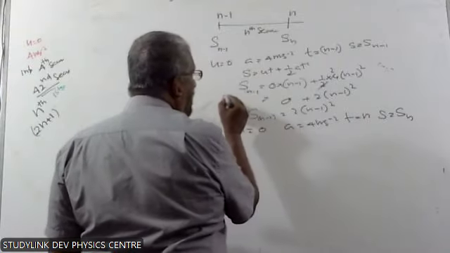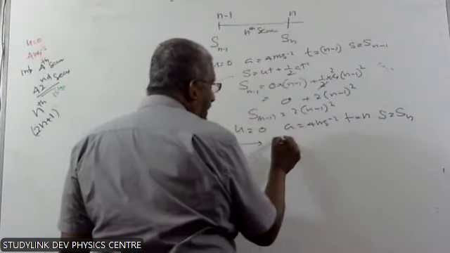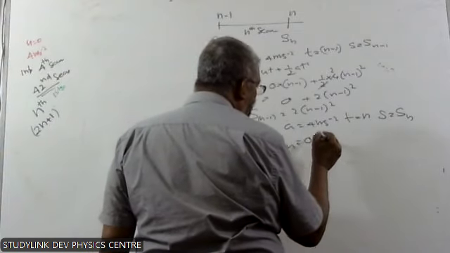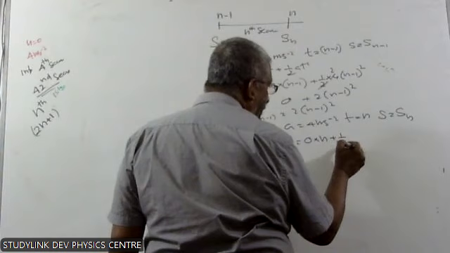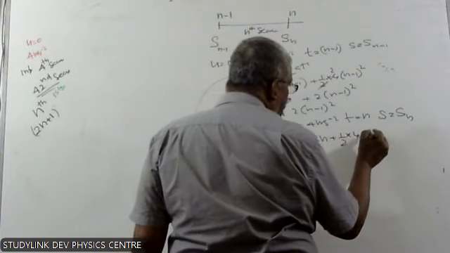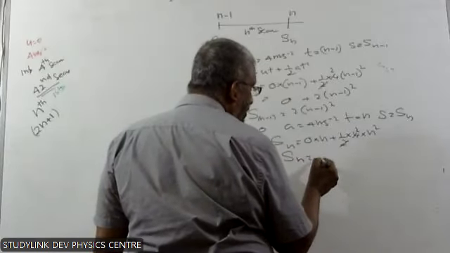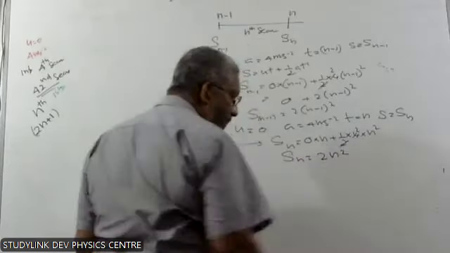Then the same equation we are using. Then Sn is equal to 0 into n plus half into 4 n squared. Then 2. Then Sn is equal to 2n squared.